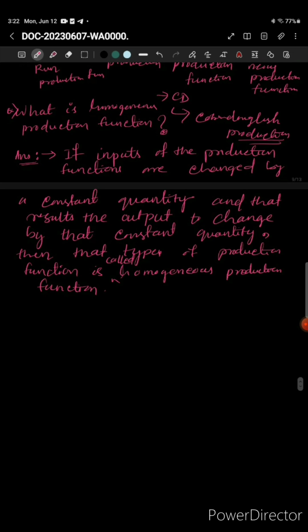For example, if Q is a function of K and L, that means output here is Q, and capital and labor are the inputs, and let lambda be a constant.